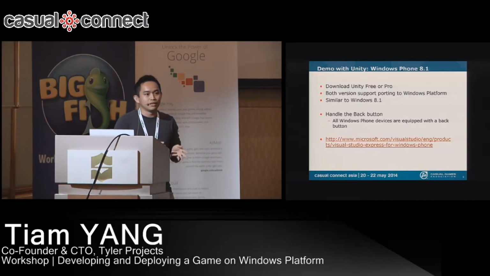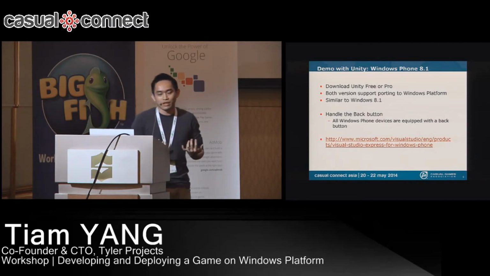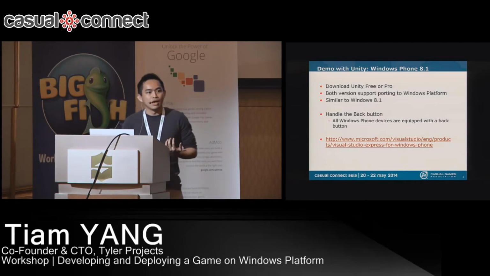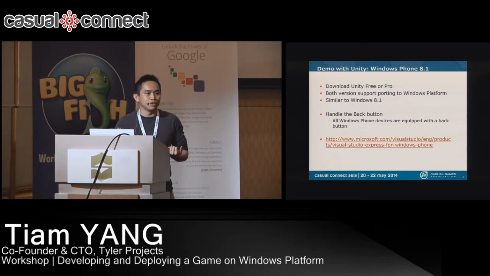And as you know, Windows 8 itself is built for tablets, the Surface Pro, Surface, even your desktop. So you can expect a very large audience available to your apps if they are developed on the Windows Store. And now on top of that, you can actually reach out to the Windows Phone audience as well.